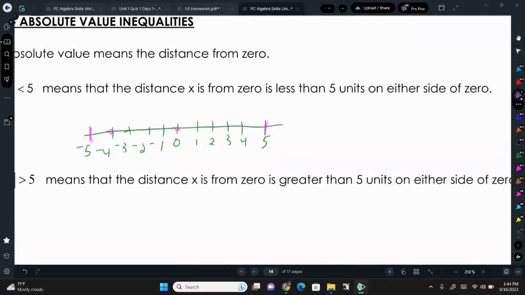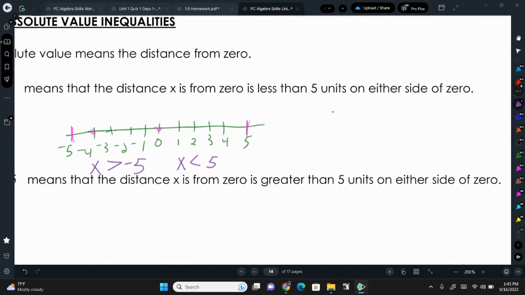We would have one that's x is less than 5, but then one that x is greater than -5, because that would give us a distance that is less than 5 away from 0. And we would have to write this as -5, 5.